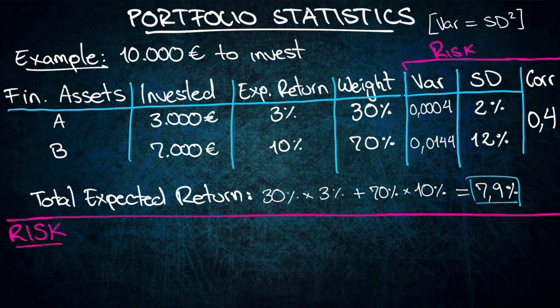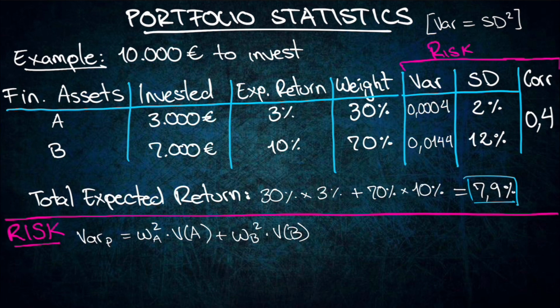Let's write down the formula for calculating the variance of the whole portfolio. First, we are going to sum up the variances, multiplying them by the square of the weights. That would be the weight of investment A squared multiplied by the variance of this investment, plus the weight of investment B squared multiplied by its respective variance.